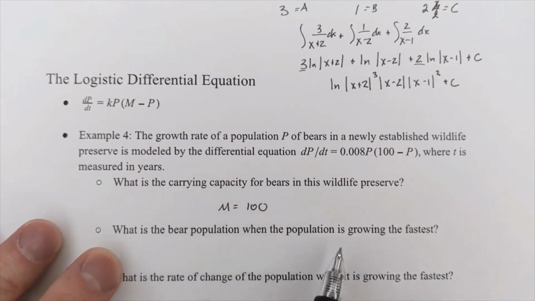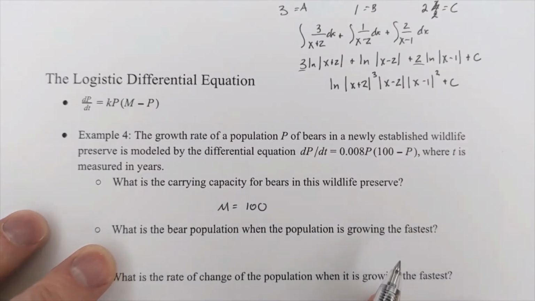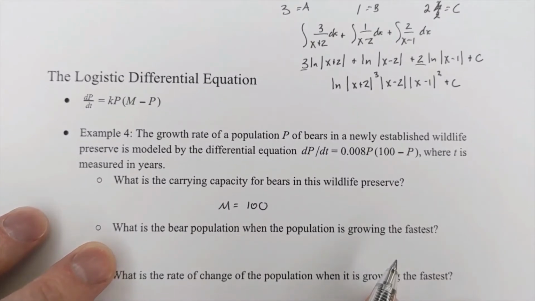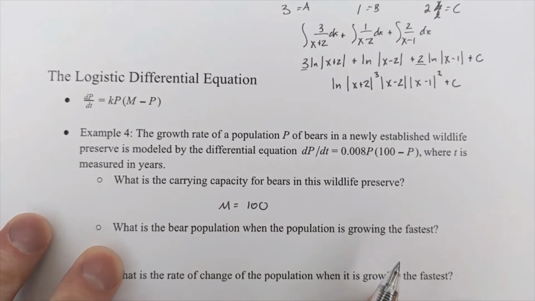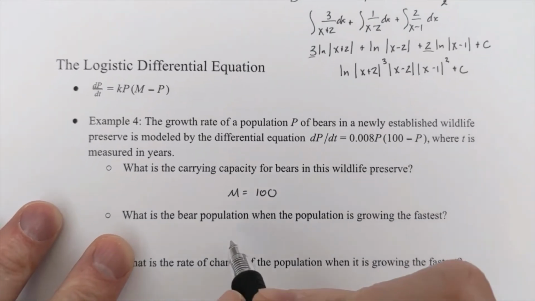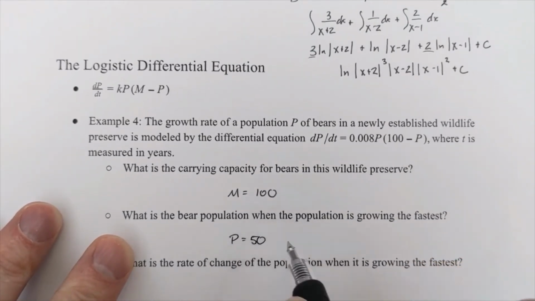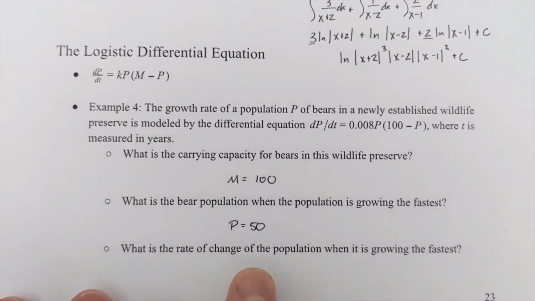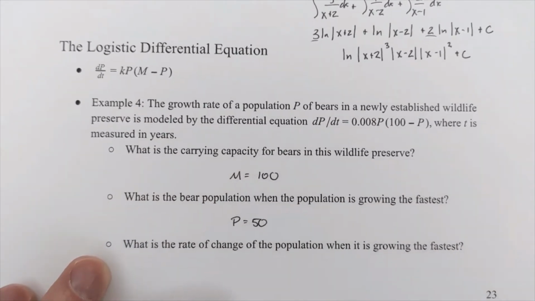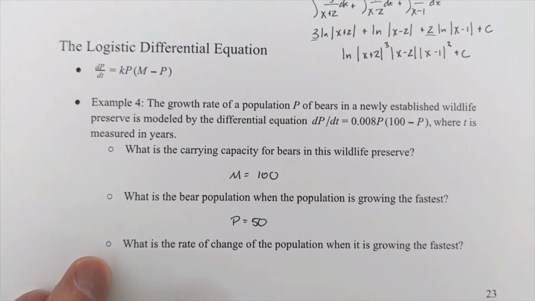What is the bear population when the population is growing the fastest? So that occurs at half of the max population. So P is equal to 50. What is the rate of change of the population when it's growing the fastest?